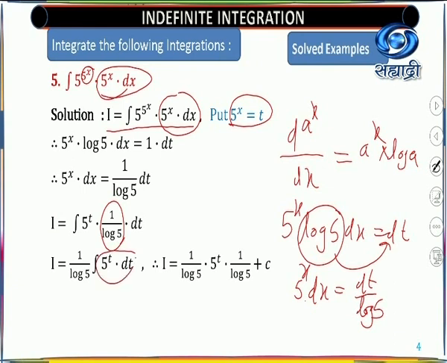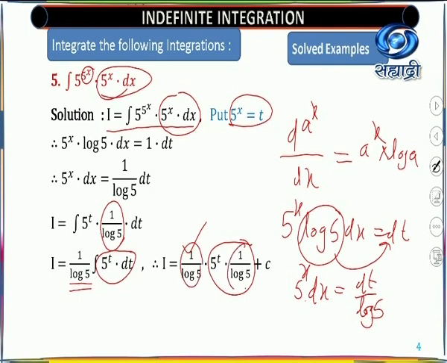Now 5 raised to t dt is a direct formula. By this direct formula, you will get 5 raised to t into 1 upon log 5 plus c. The 1 upon log 5 is already there, outside of the integral sign. So you got this value as 1 upon log 5 into 5 raised to t into 1 upon log 5 plus constant of integration.